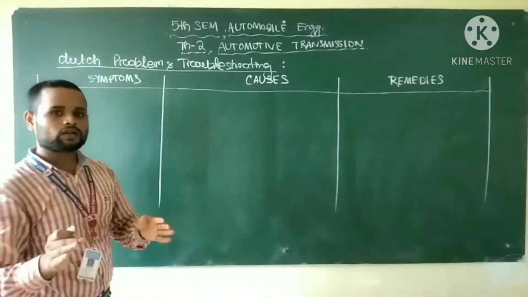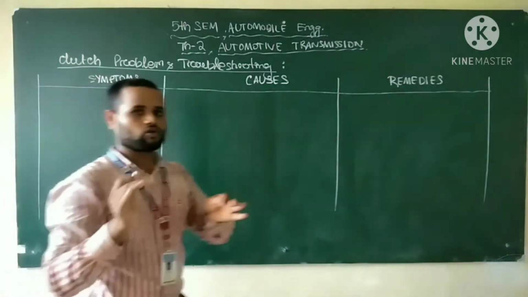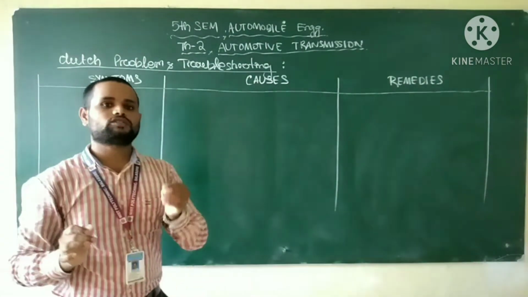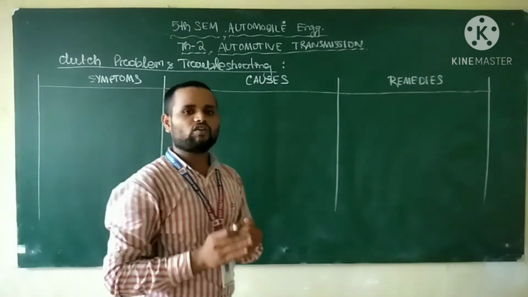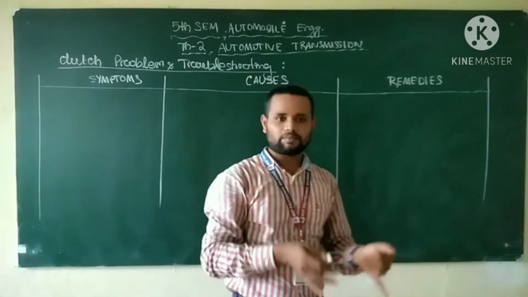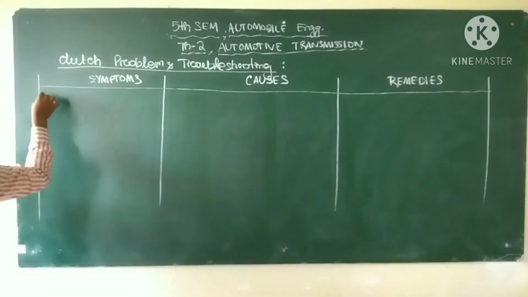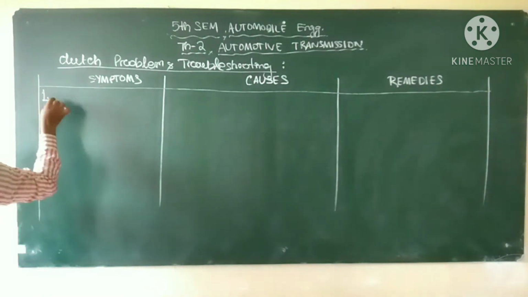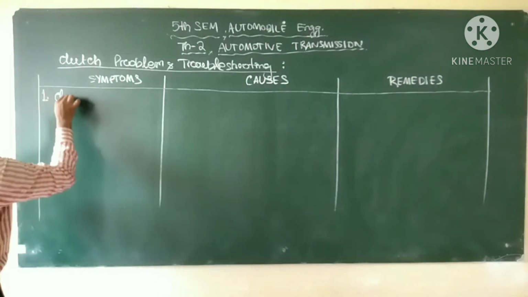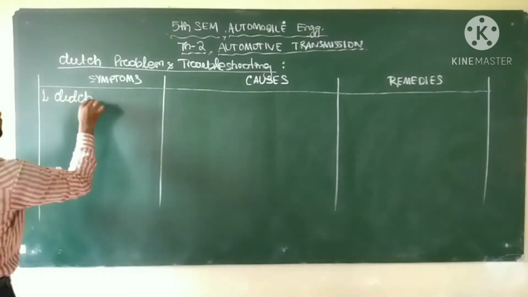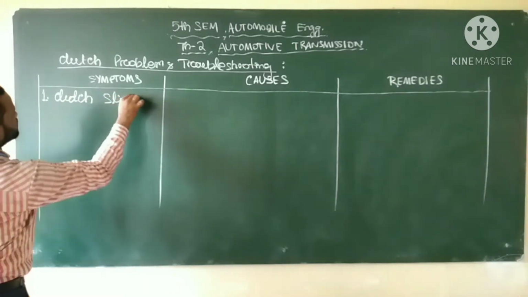The first symptom of clutch problems is clutch slips. That means lack of firm contact between the driving and driven plates. So the first symptom is clutch slips.